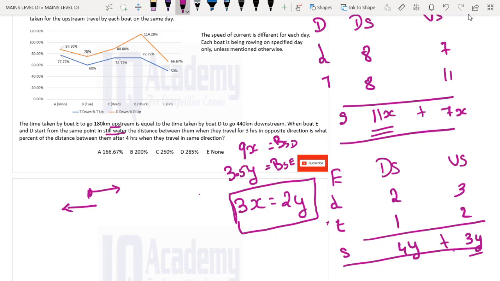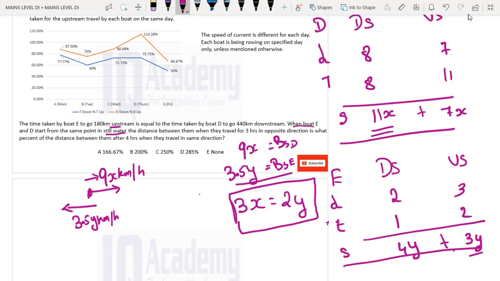So if they travel in the opposite direction, D will be traveling at a speed of 9x km per hour and E will be traveling at a speed of 3.5y km per hour.